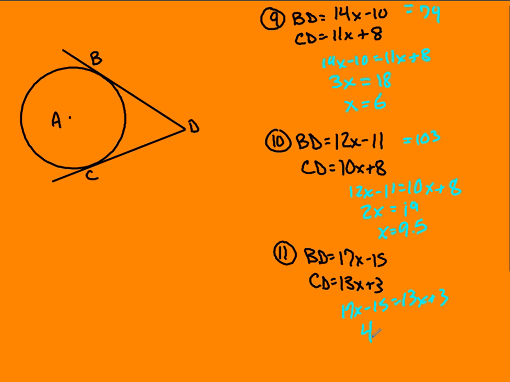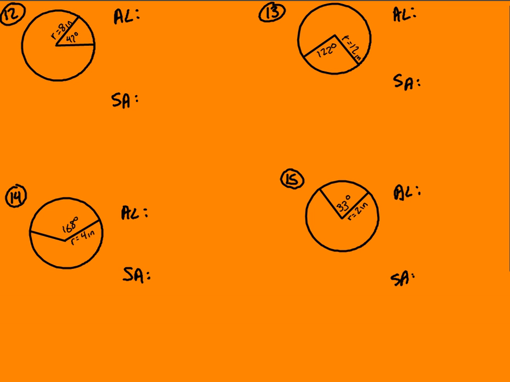Subtract 13x from both sides, gives you 4x. Adding the 15 gives you 18 over here. I should get x equals 4.5. And again, I just plug back into either one of these, and I'll get 61.5 as my value for segment BD.